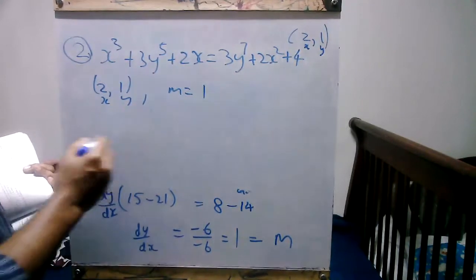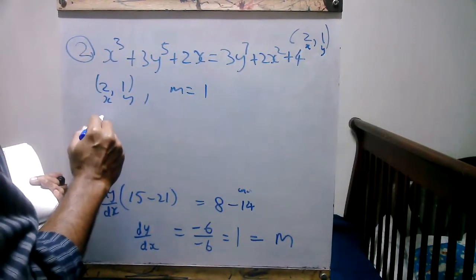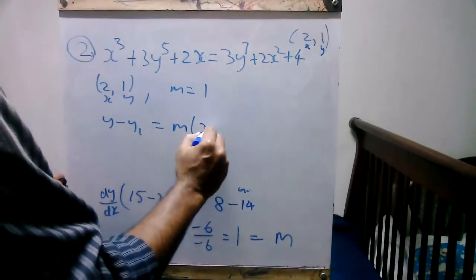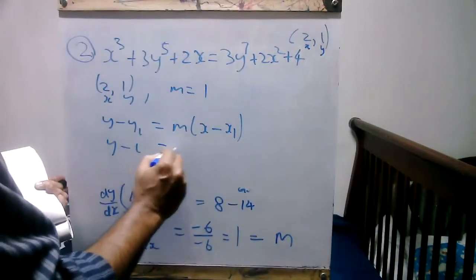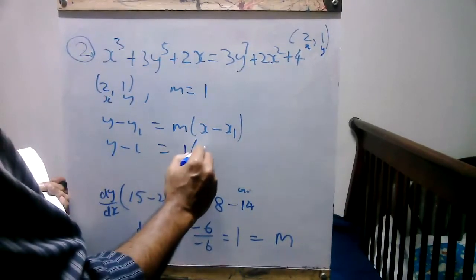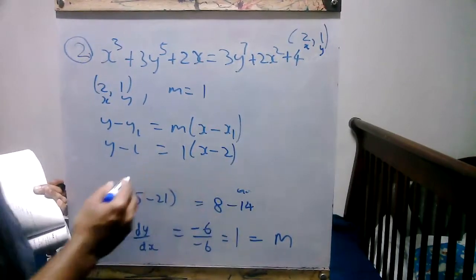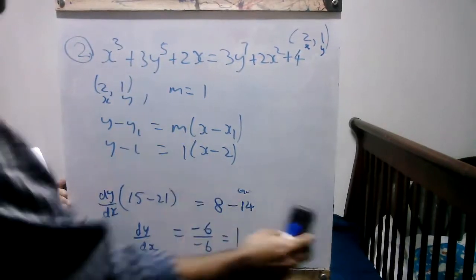What do we use? We use the point-slope form of the equation of a line: y minus y1 equals m times x minus x1. y minus 1 equals m, which is 1, times x minus 2.